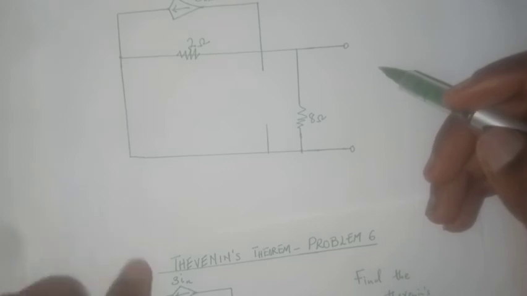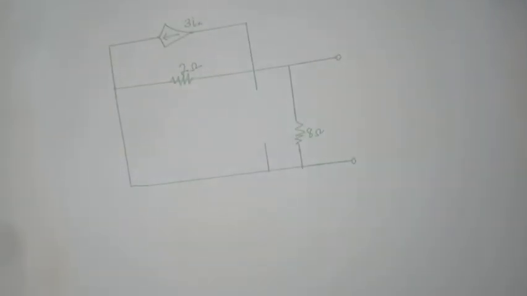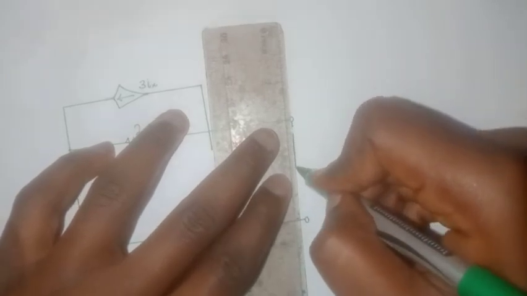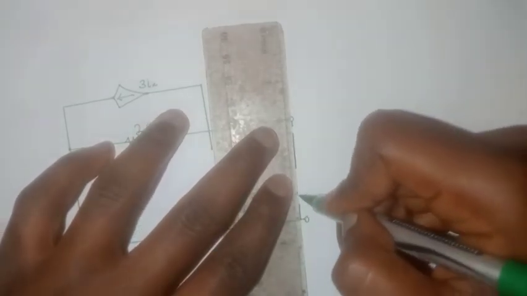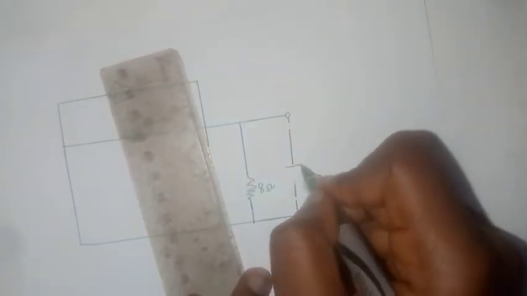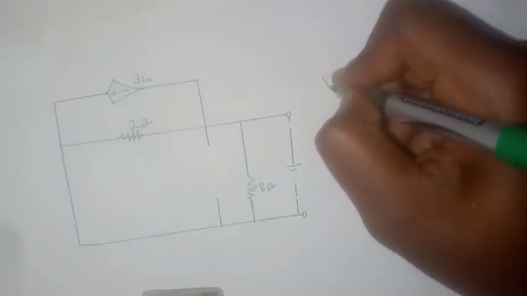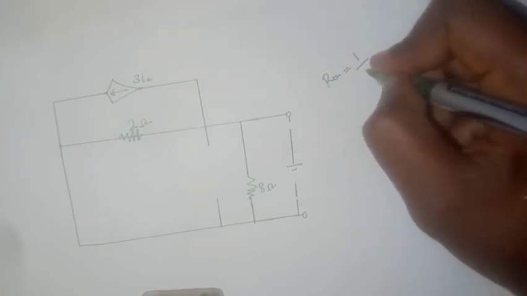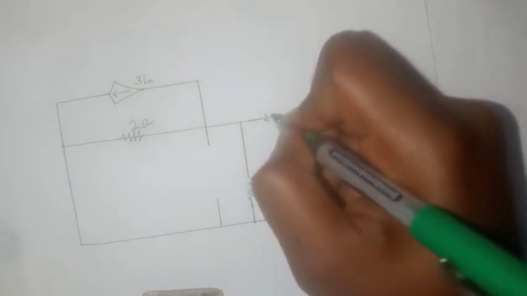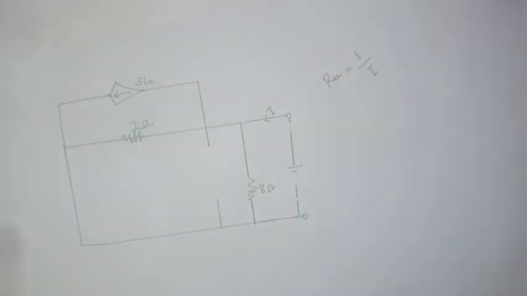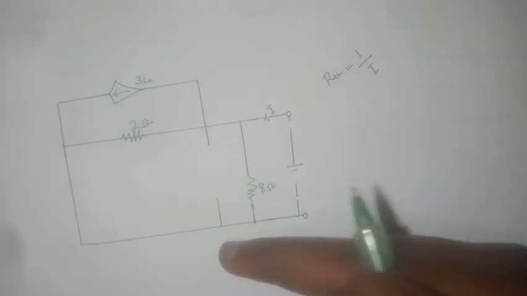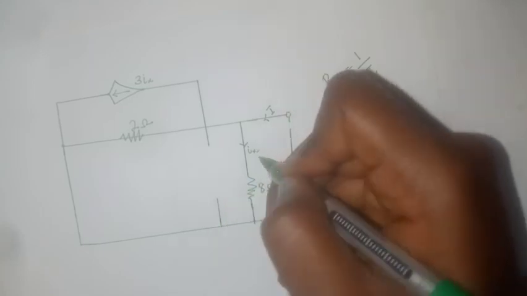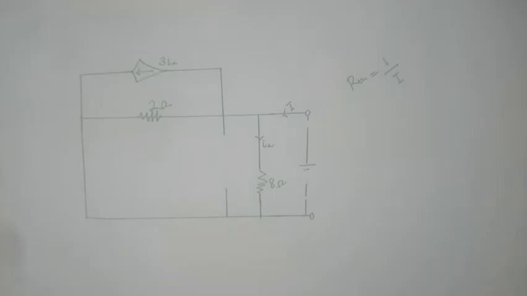The next thing you're going to do is connect a power source across here, preferably a 1 volt power source. Then RTH would be equal to 1 over I, where I is the current that comes through here. So what we want to find is the value of I, and recall that Ix is the current flowing through the 8 ohm resistor.